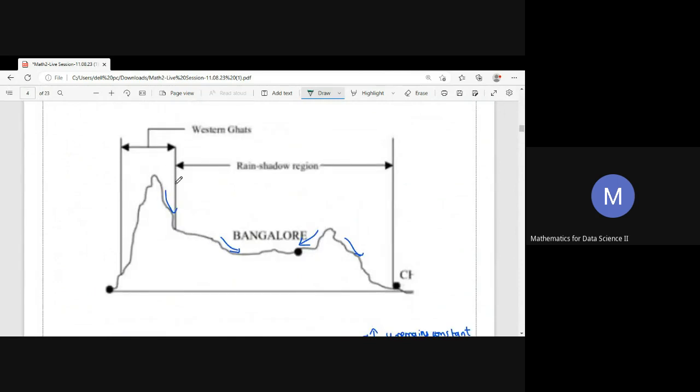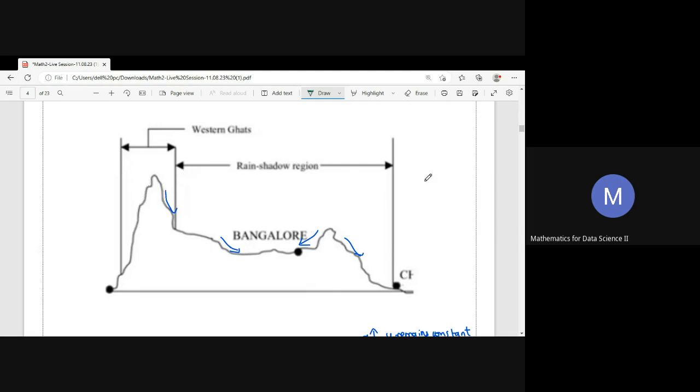When the steepness is maximum, the water flows with the greatest force, in this direction. If you are moving in this direction also, the steepness is maximum, meaning the water is flowing maximum.